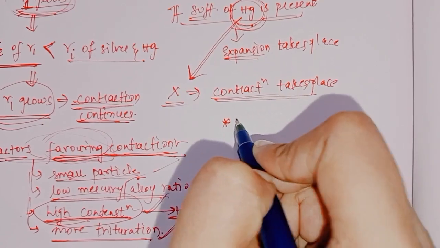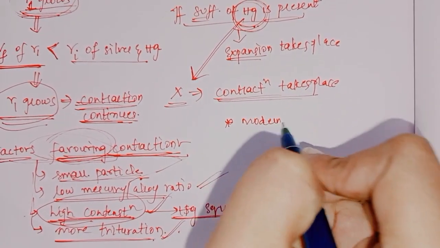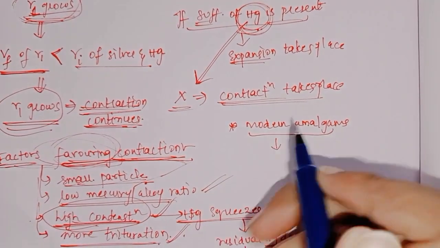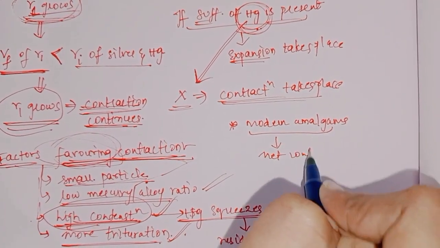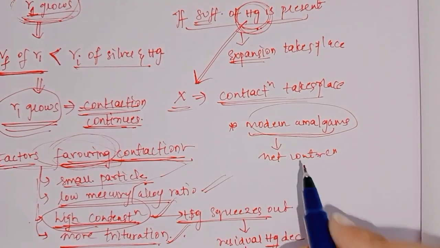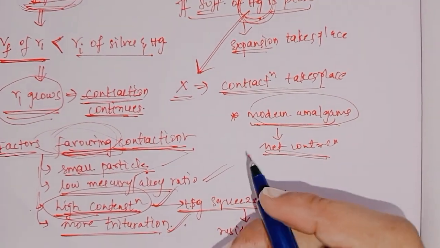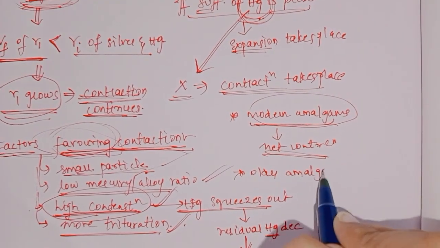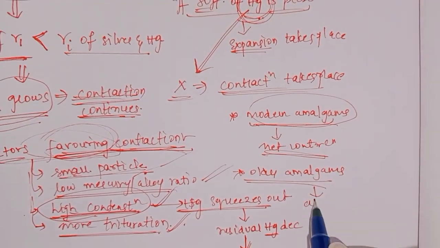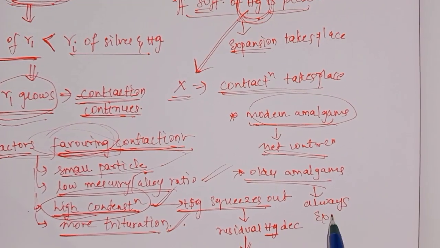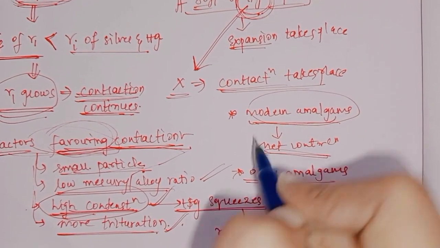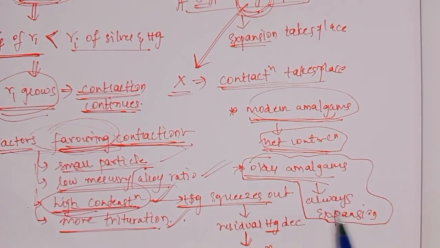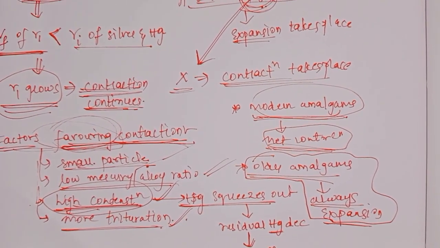There is an important point. Modern amalgams show net contraction, whereas older amalgams always showed expansion.